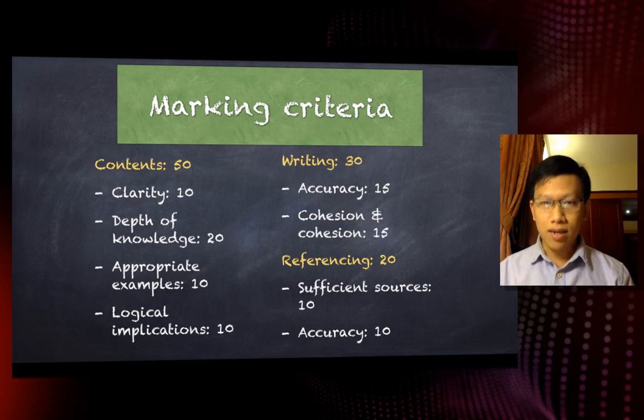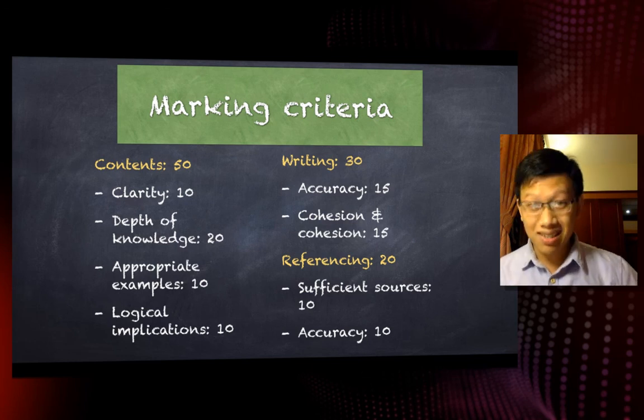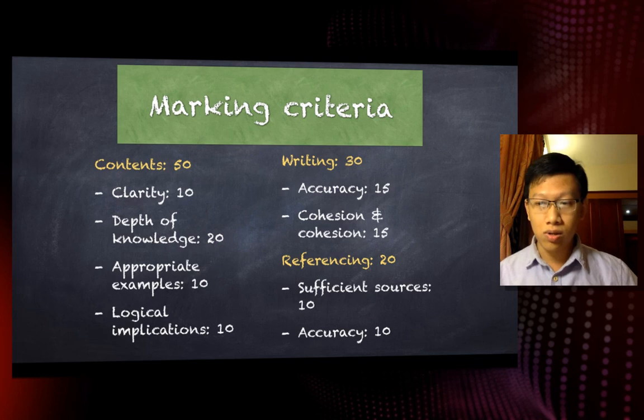For writing, accuracy accounts for 15 points, so try not to make silly mistakes. Grammar, structural, vocabulary, spelling, or any kinds of mistake at all. Cohesion and coherence accounts for 15 points.